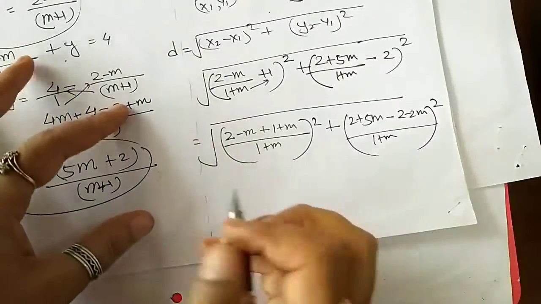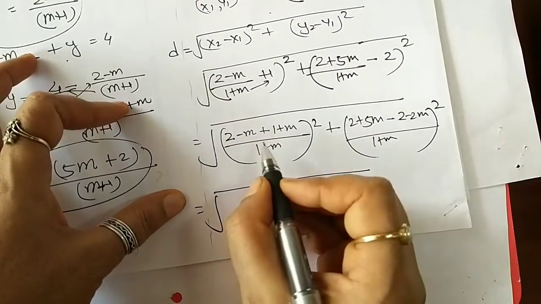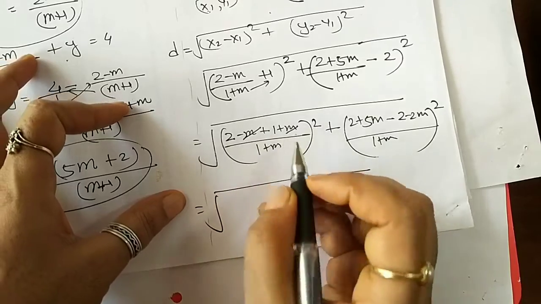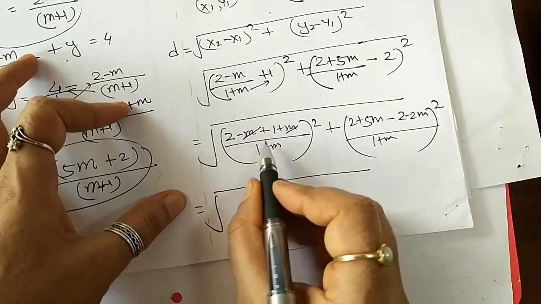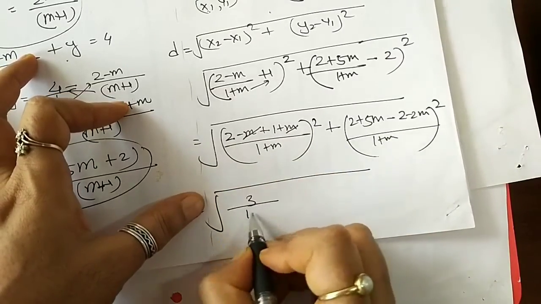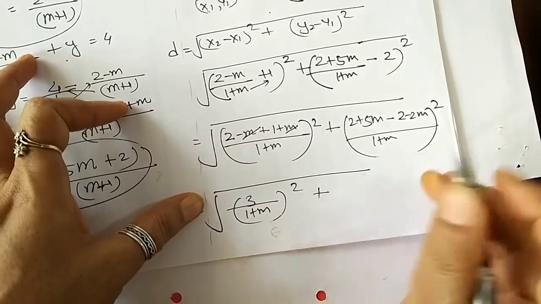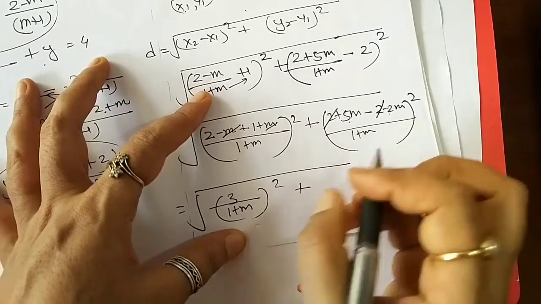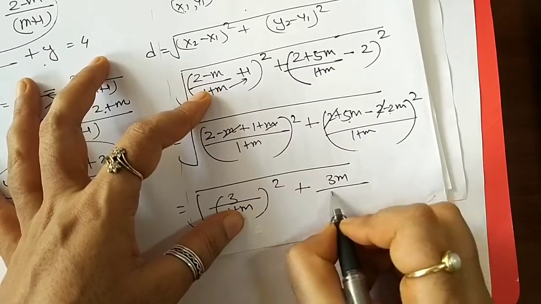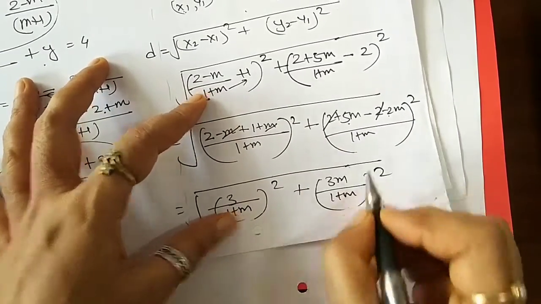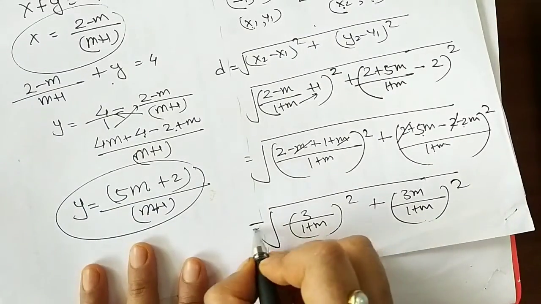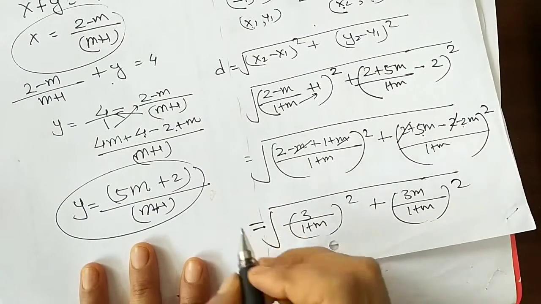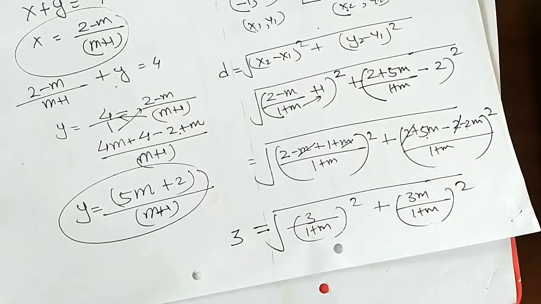Just one more step: 2 plus 1 is 3, so 3/(1 + m) square, plus 2 and 2 cancel, and 5m minus 2m is 3m, so (3m/(1 + m)) whole square. And the distance they have only given: they are saying the distance is 3 units.